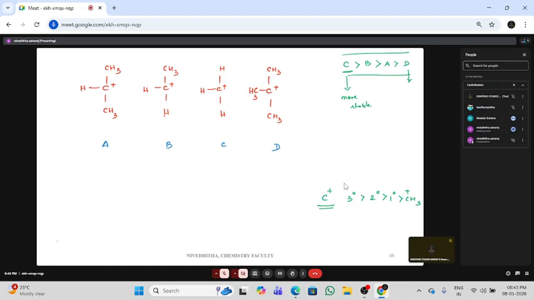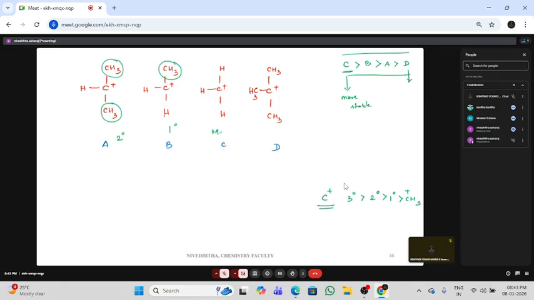Now we'll see what kind of carbocation is in A. Compound A is a secondary carbon. Yes, here the positively charged carbon is attached with two R groups, so it is secondary. This is primary, here we have no R group.